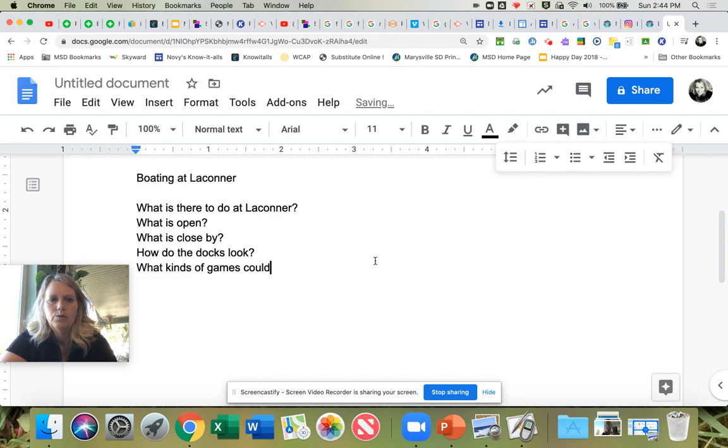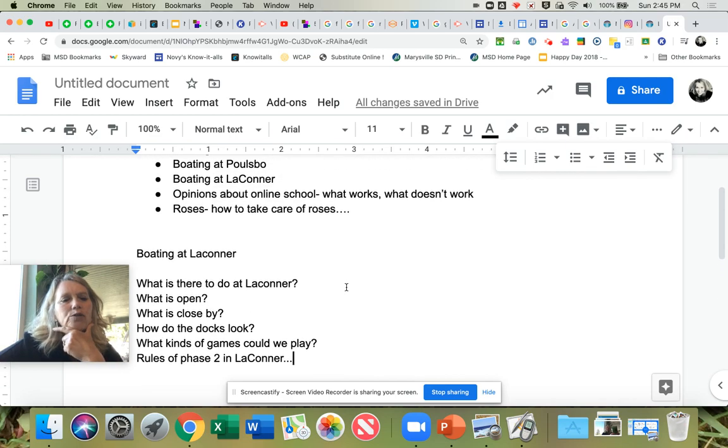Games we play. So when we go to La Conner, it's going to be the 4th of July weekend. So I have to think about what kind of games and things we can do. And with COVID, what are we allowed to do? So I'll have to check that too. I might have to include that in my piece. Rules of phase 2, because I think that will be in there. Phase 2 in Washington. Well, La Conner, I should say. So what can we do as a boat club? All right, so I just have some questions on my draft day.